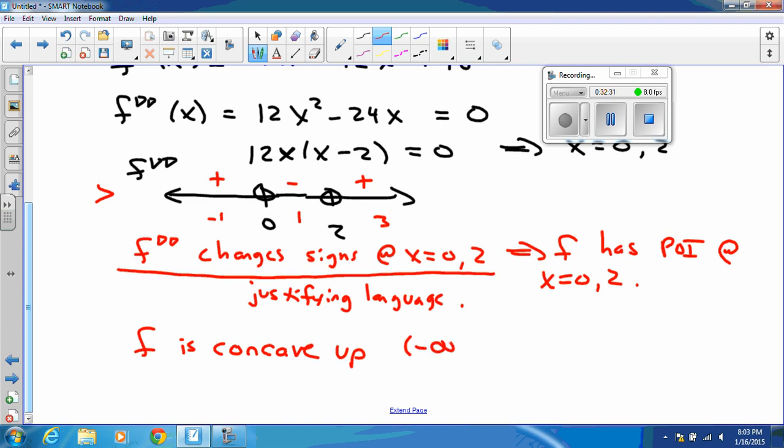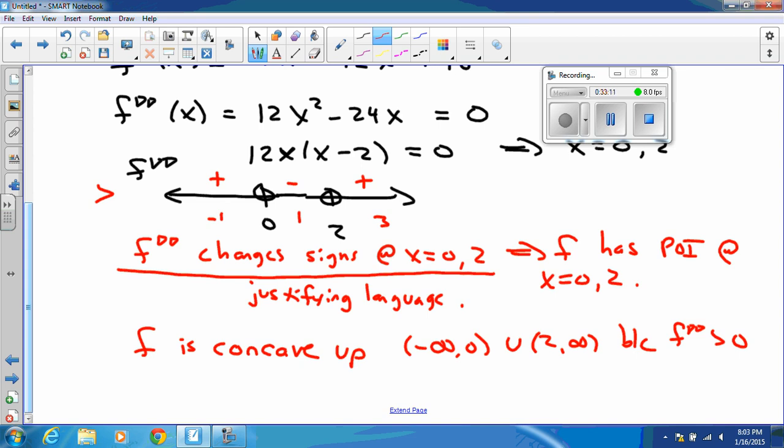Okay, well, I get a twofer, because having identified the points of inflection, I can now immediately see from that number line that f is going to be concave up. Where? Right, exactly. Negative infinity to 0 together with 2 to infinity, because, justifying language, f double prime is greater than 0. That's it. Pretty simple.